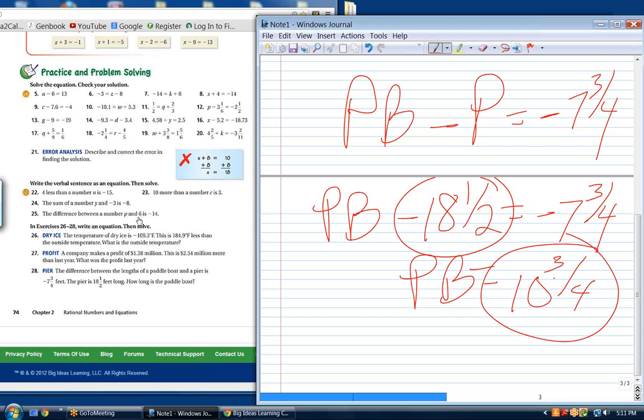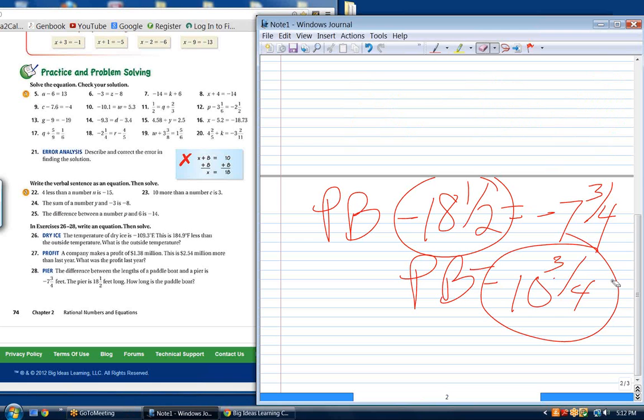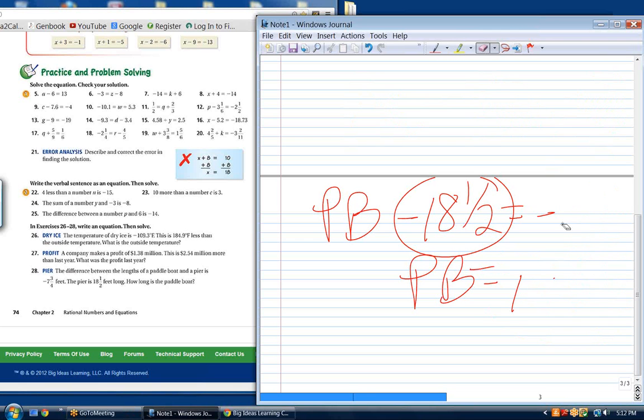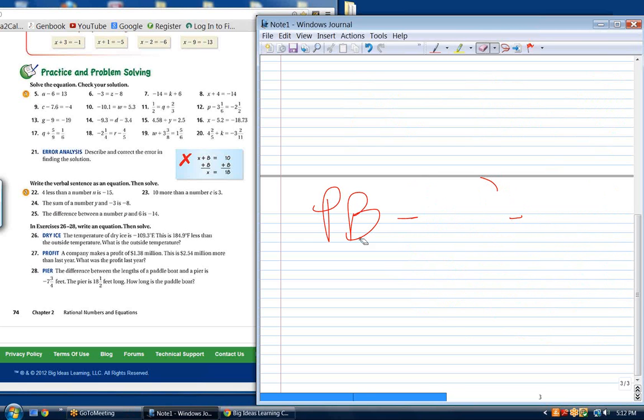But that's not necessarily going to hold true next year or the year after for you. When you get into high school, that will not be a true statement. Usually in math, when you say the difference between two things, it means you can subtract them in either order, and the difference always comes out positive. So they're doing it a little different here.